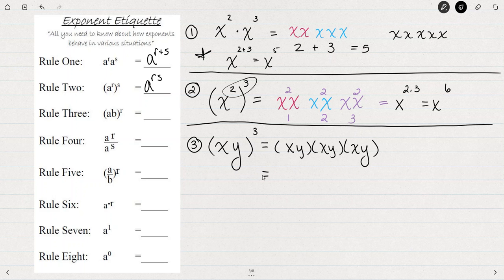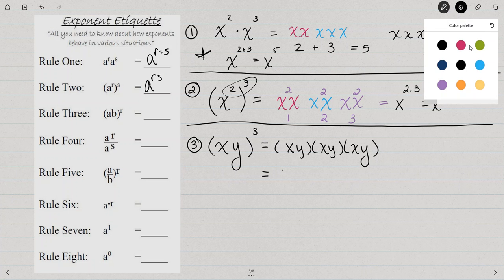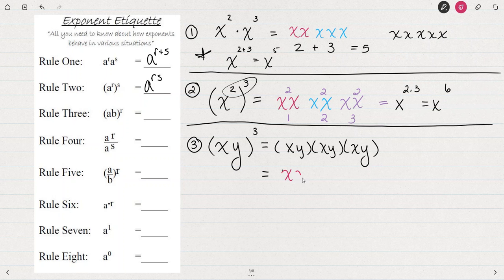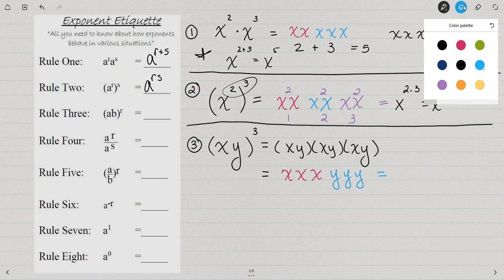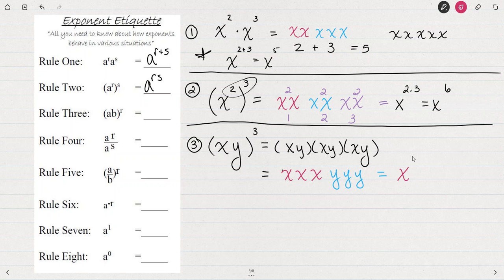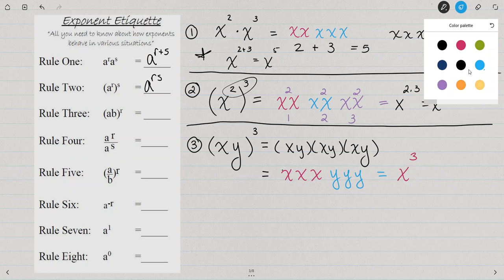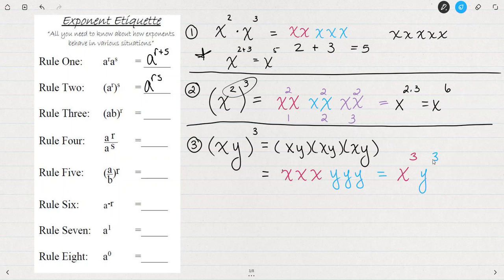Well, if I were to break this down to put the x's together and then the y's together, I could see there were 3 x's and 3 y's. So do you see that what I could do is I could write this as x cubed times y cubed.